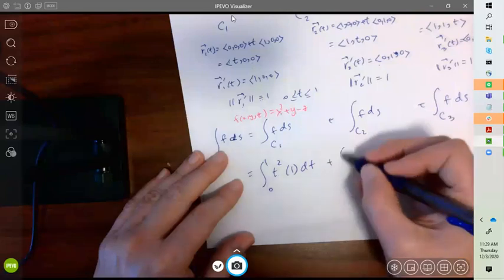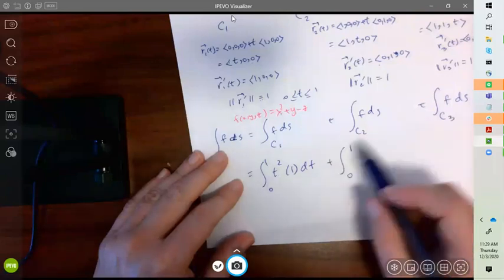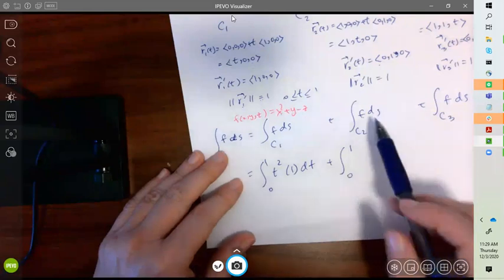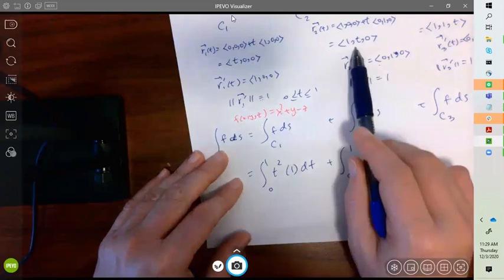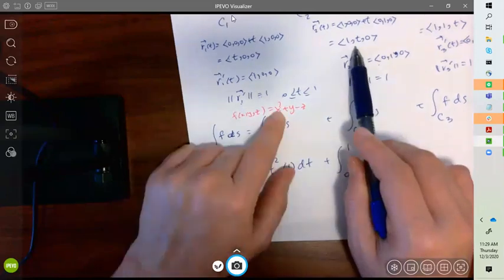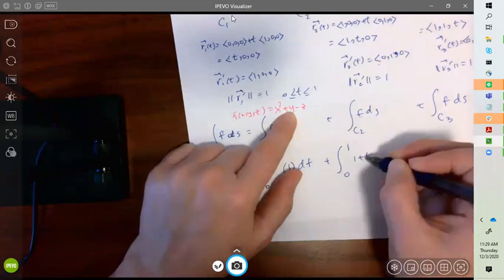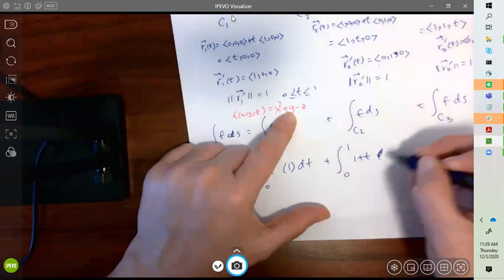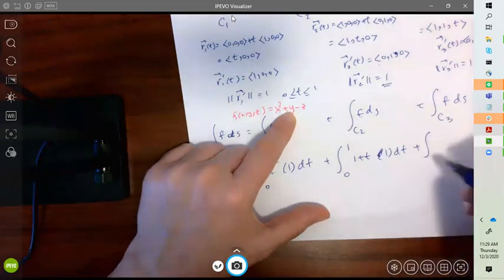Then you go integral from 0 to 1 of f ds, plug in r2. So you get 1 for x and t for y. So it's 1 plus t and 0 for z. And then multiply by that magnitude, 1 dt, 0 to 1.